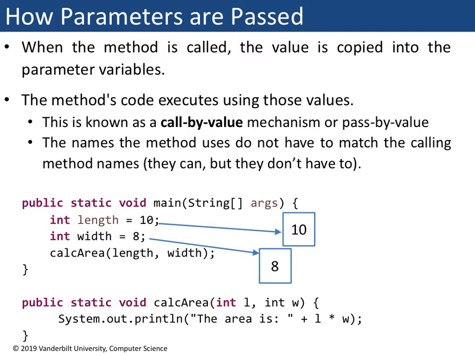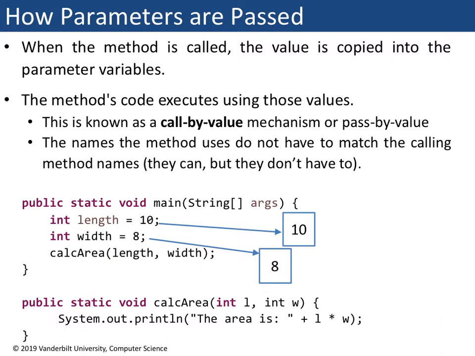Okay, so going back up to our main method where we're calling calc area, we are going to supply an expression for each of the parameters L and W. So the first expression for L is just the variable length. Remember, an expression can be simply a variable. It can be a literal.